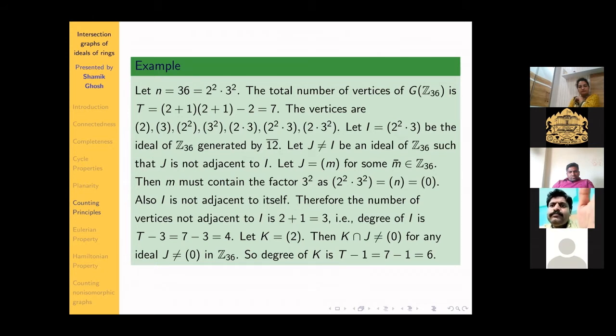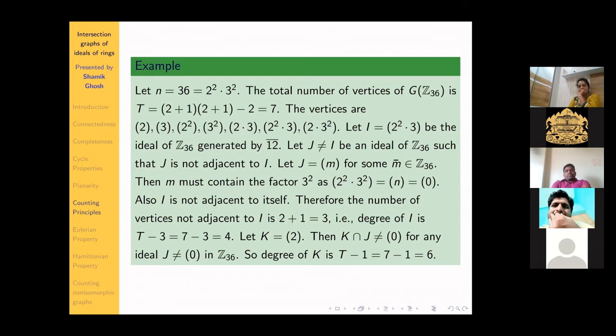So the vertices not adjacent are these 2 and the ideal itself, that is 1. So 3 vertices are not adjacent. There were 7 vertices, so 4 other vertices are adjacent to this ideal. So the degree of the ideal 12 in the ring Z36 is 4.